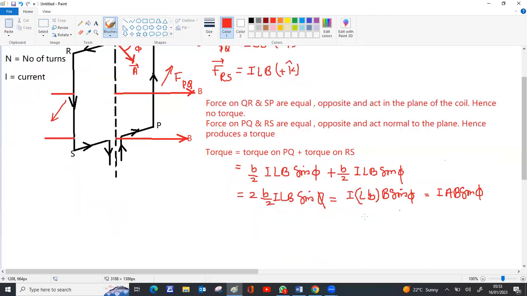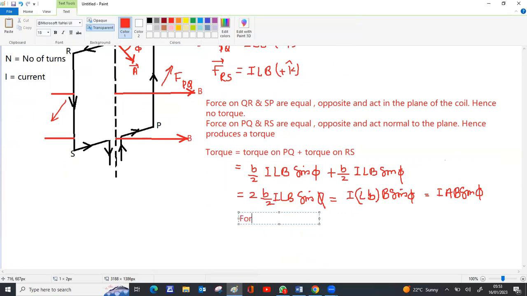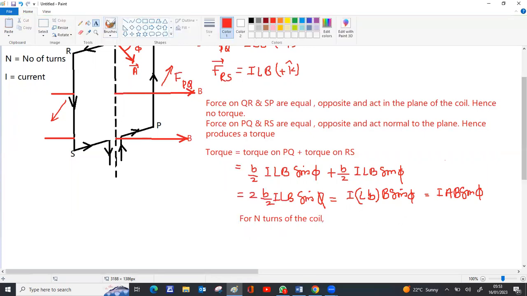There are N turns of the coil. Just multiply with N. So torque will be equal to N times I A B sin phi. It's the expression for the torque.